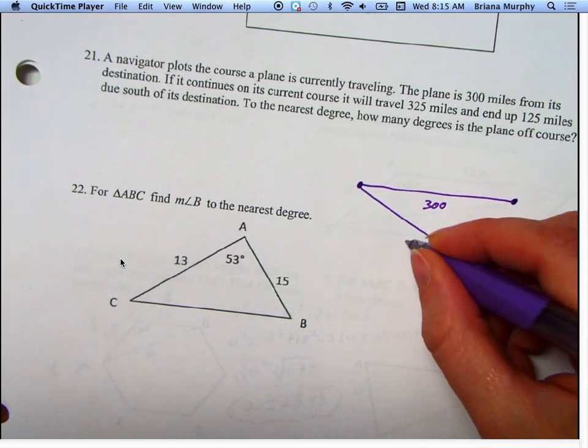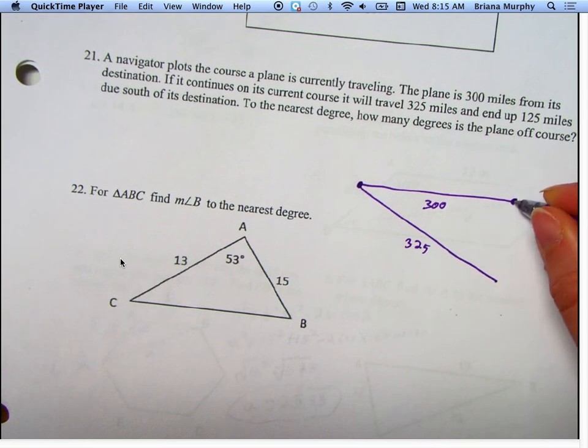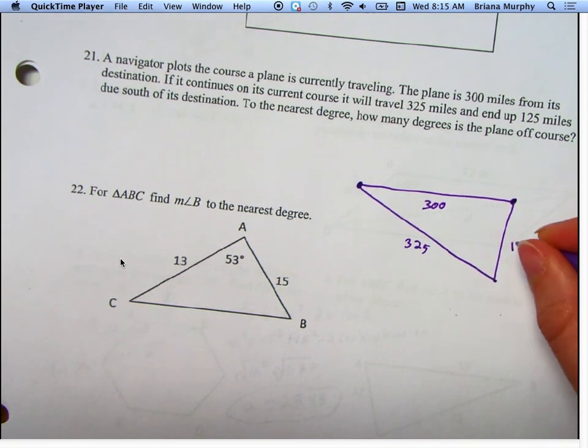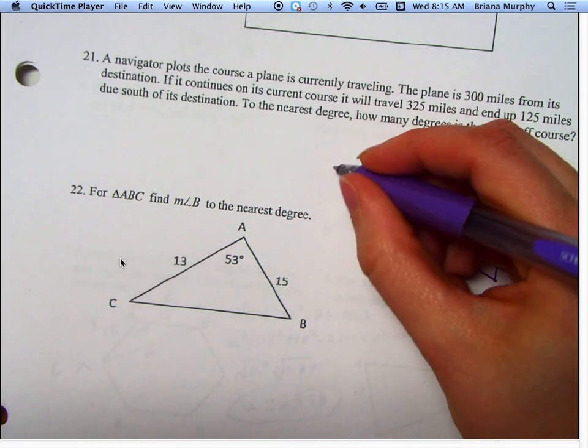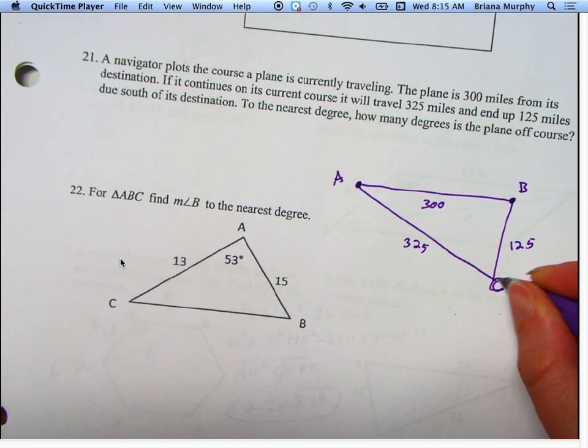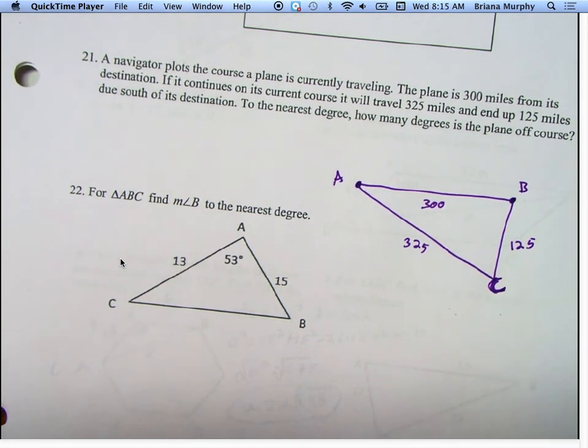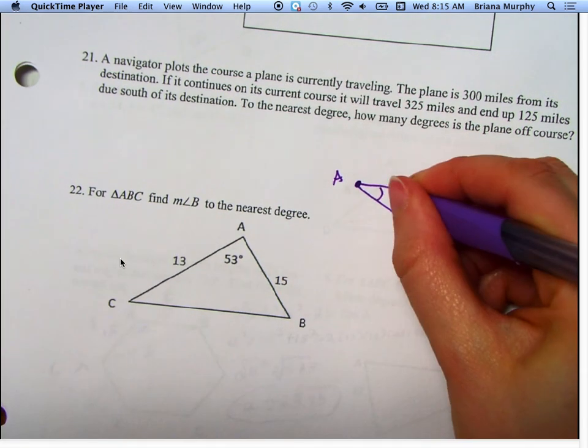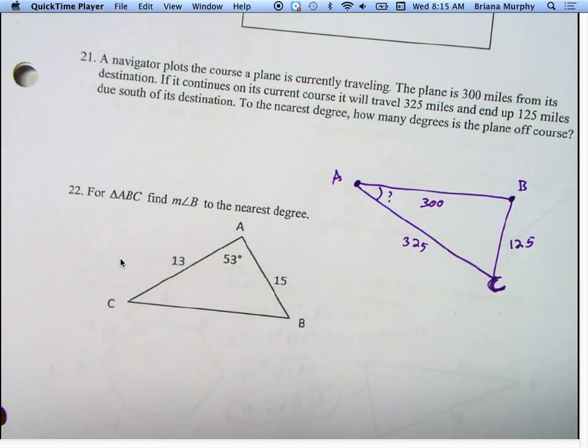So we'll go 325 and be 125 miles off. So my plane is A. I want to go to B, but I'm headed towards C right now. I want to know how many degrees I'm off course. So I want to know this right here, that angle. All right. So I've got my picture.